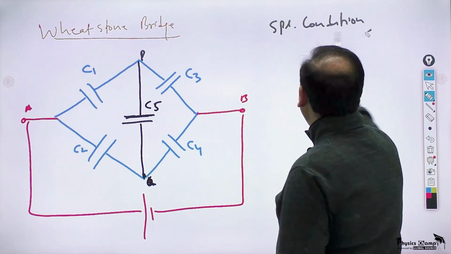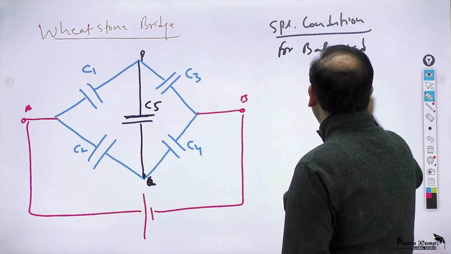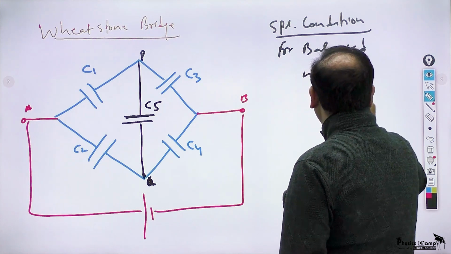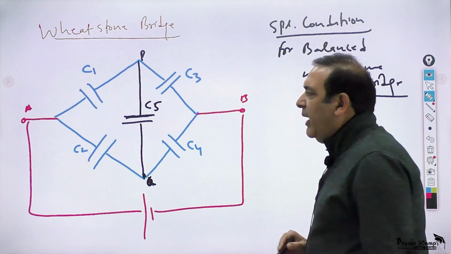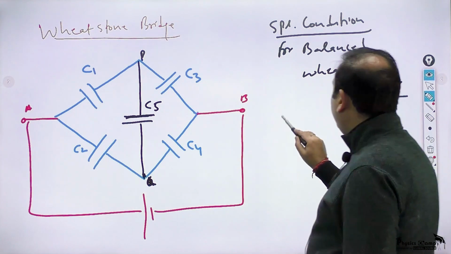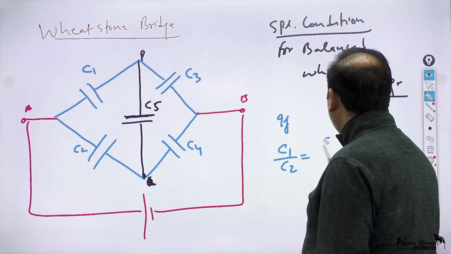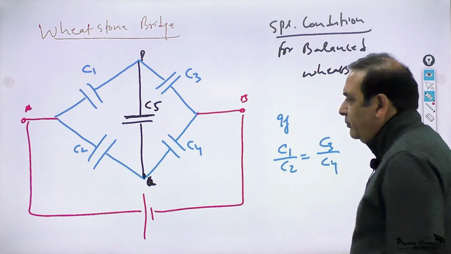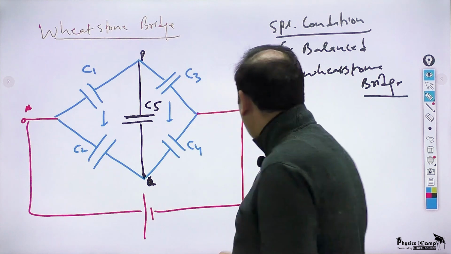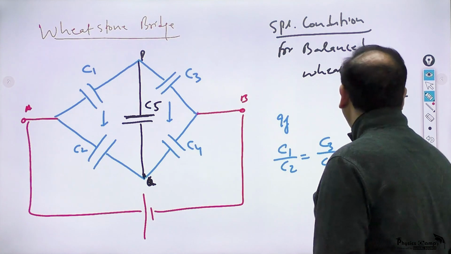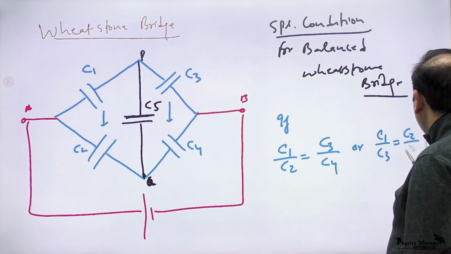Here we have a special condition, and that special condition is the condition for balanced Wheatstone bridge. That condition is: if the ratio of C1 by C2 is equal to C3 by C4, or I can also call this ratio C1 by C3 is equal to C2 by C4.